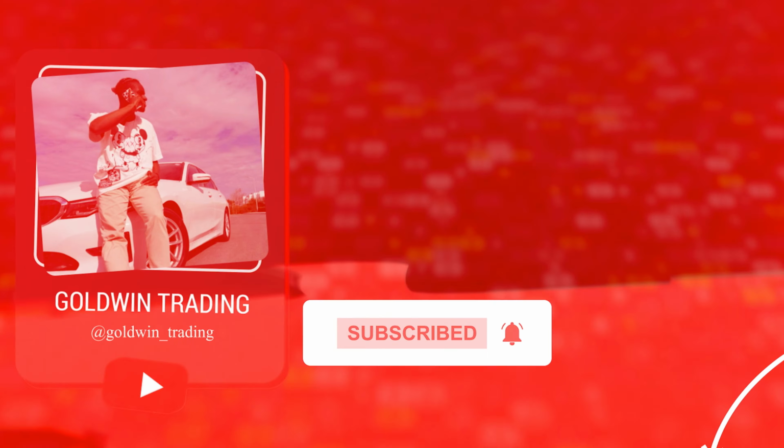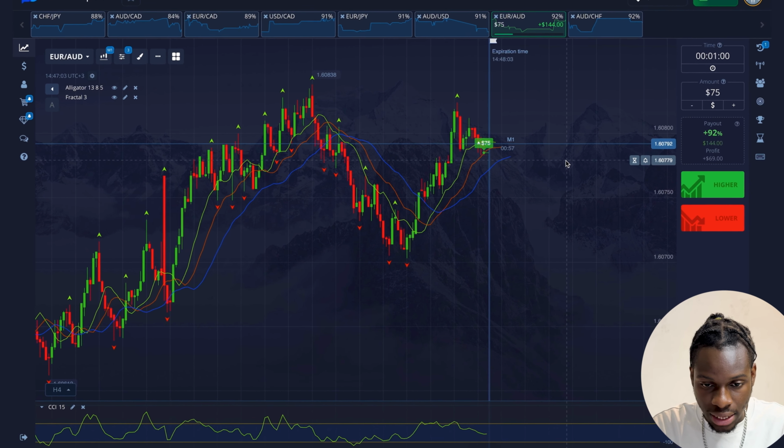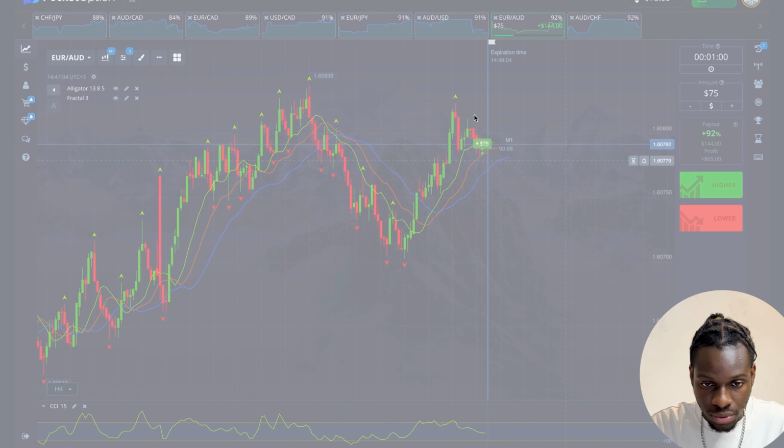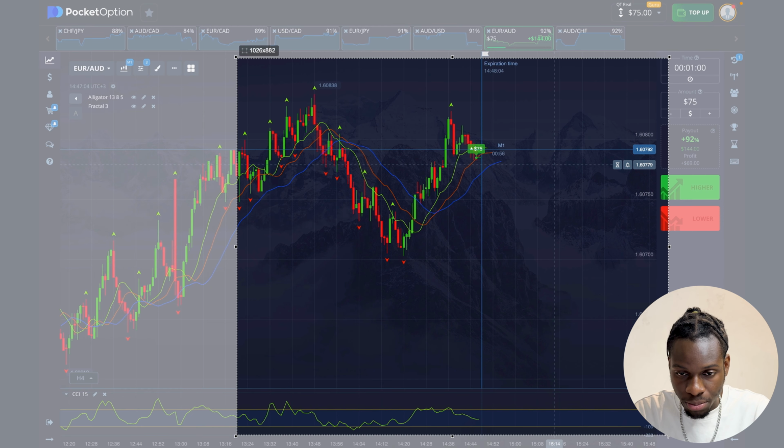Okay, guys, so we just took our first trade, which is a long. Just like I mentioned, we're following the trend for most of these trades. We can see we're in an uptrend right now, and I'm literally just guided by the Alligator's moving lines, and I'm trying to analyze their behavior. So right now we're in an uptrend, and there was a pullback.